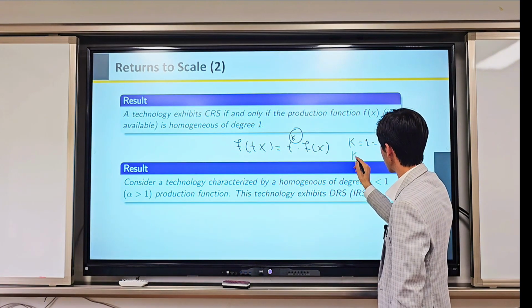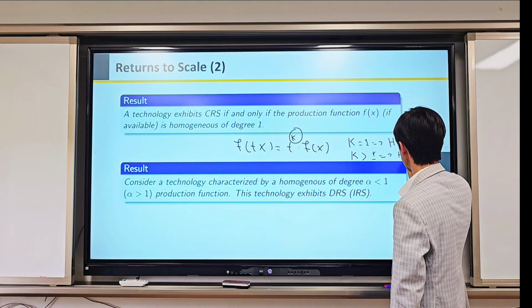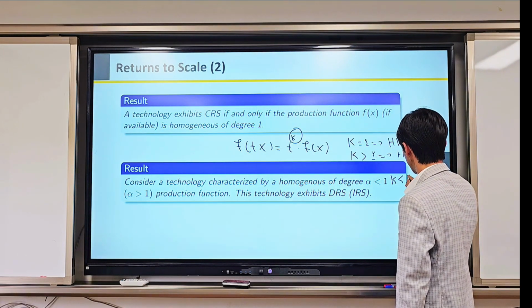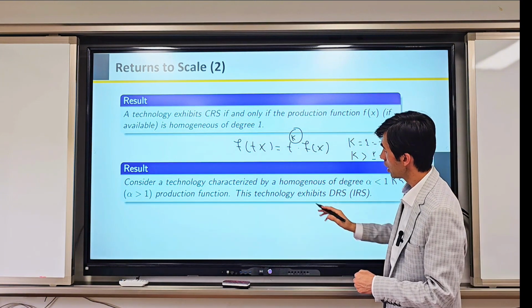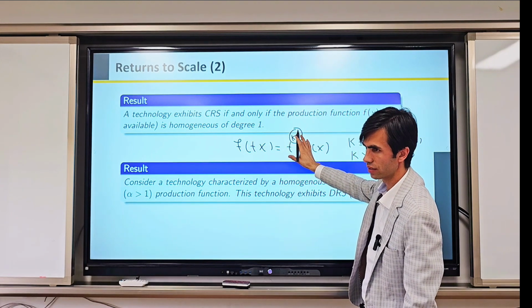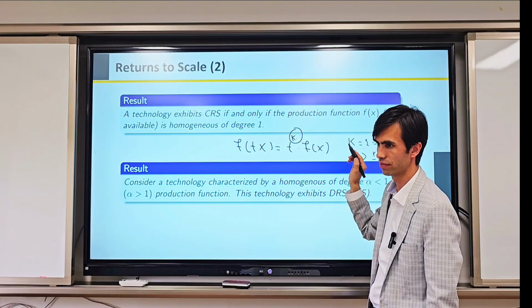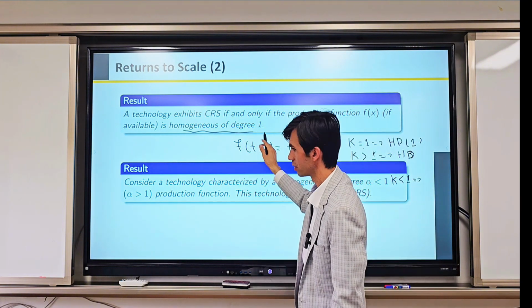If k is greater than 1, it's called homogeneous of degree greater than 1. If k is less than 1, it's called homogeneous of degree less than 1. In case of constant return to scale, a function is constant return to scale if k is equal to 1, which means it's homogeneous of degree 1.